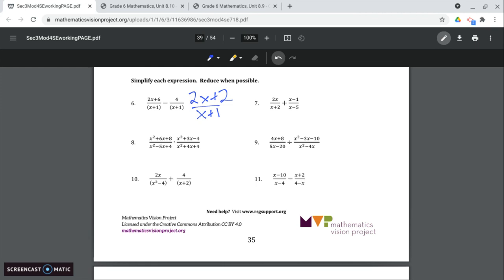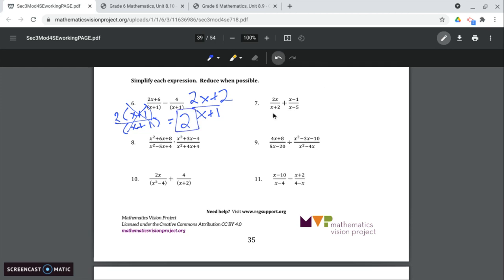Now, 2x plus 2 and x plus 1. We could take a 2 out of the numerator, so we'd have 2 times x plus 1 over x plus 1. Guess what? We can cancel those, and we're left with just 2. So 2 is our answer.